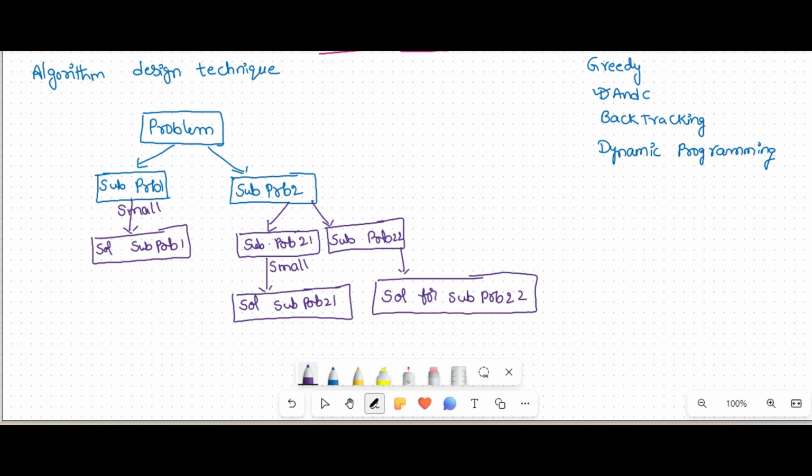So what have we done? If the problem is large, we divide it into two sub-problems. Like that, we divide the problem until the sub-problem is small.